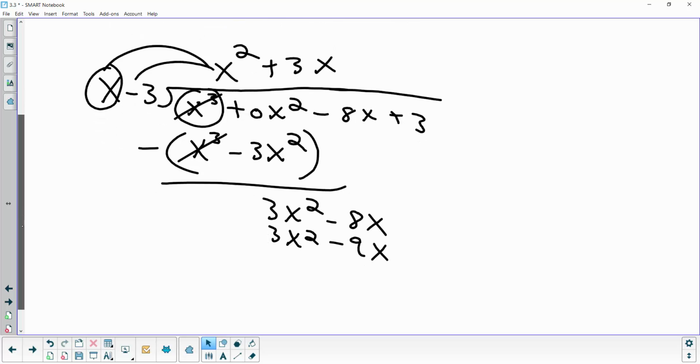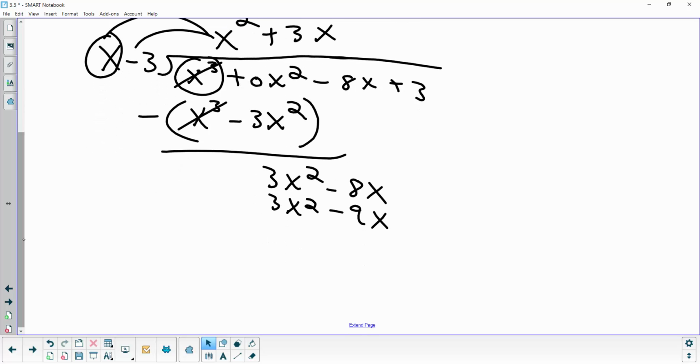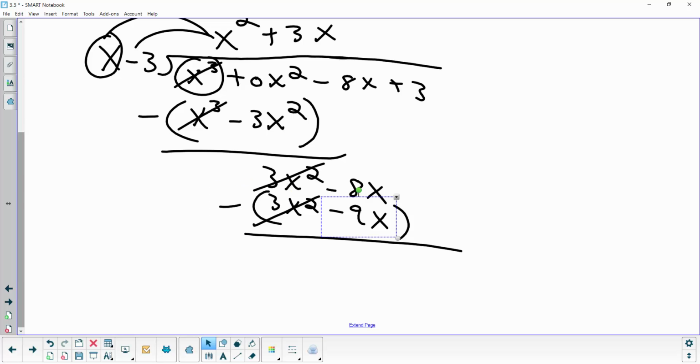Right. And Abigail, what am I going to do with those columns? Subtract. And Jack, what's 3x squared minus 3x squared? 0. So that's gone. And Casey, what's negative 8x minus 9x?